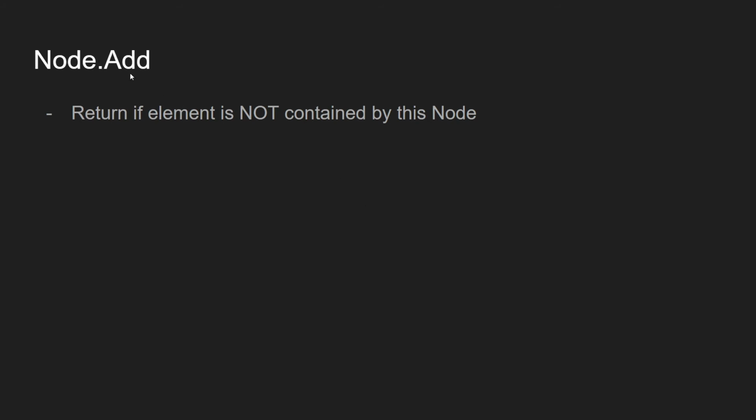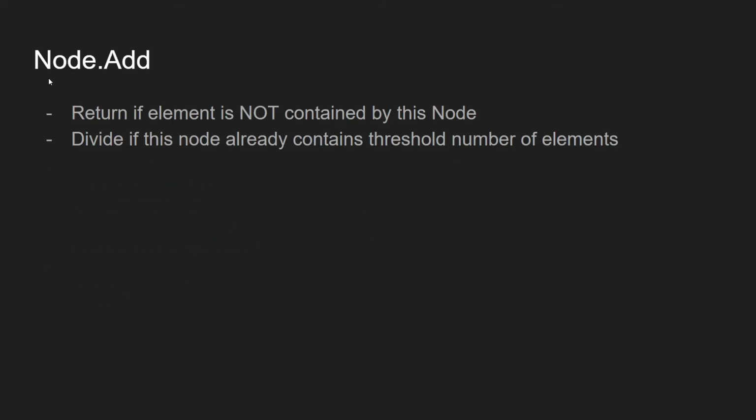So for node.add, if an element is not contained by the node, according to its is contained by method, then we'll just return, because the element is not part of the space that this node controls. We're not interested in it. It doesn't belong in this node. If this node already contains the threshold number of elements, so in our example, 3, so if we're adding a fourth element to this node that already contains 3 elements, we will preemptively divide it.